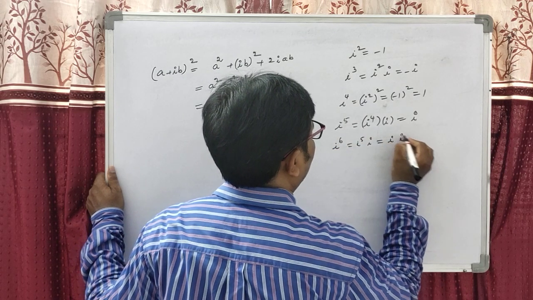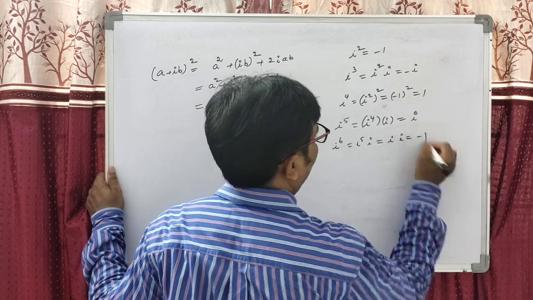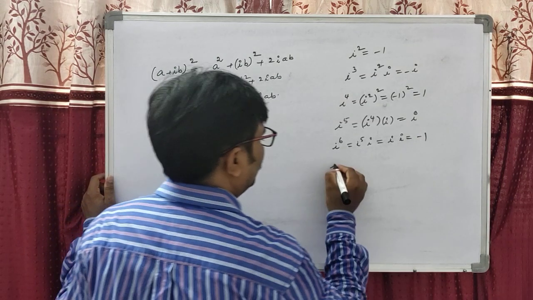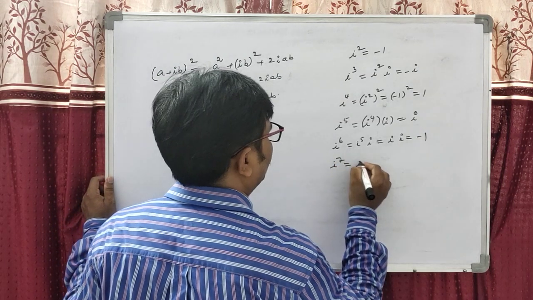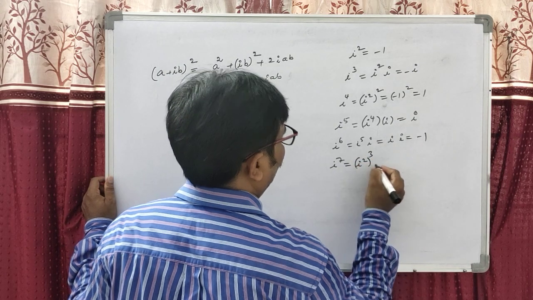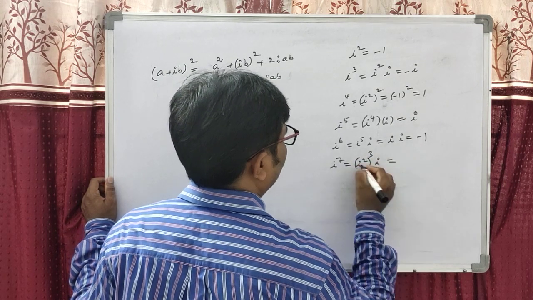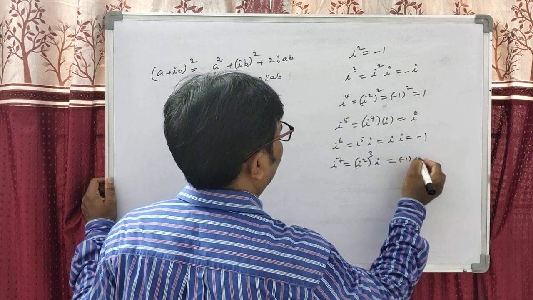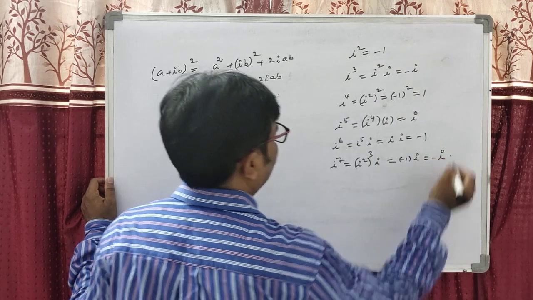This is i into i, which is minus 1. Suppose i⁷ we can write as (i²)³ into i. This is minus 1 into i. This is minus i.